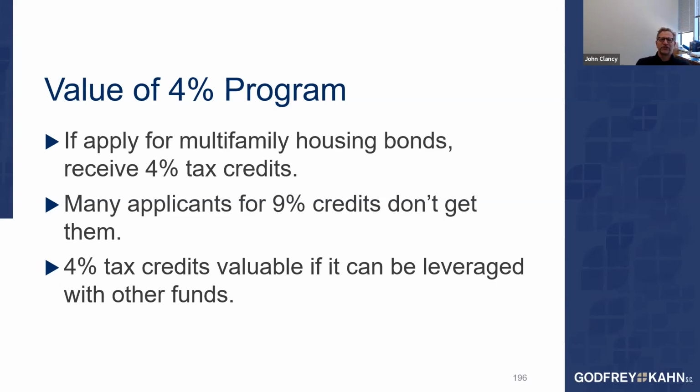And obviously a lot of folks that apply for the 9% credits don't get them because it's a very competitive process. So the 4% tax credits, because they're easier to get, can be valuable for a project if, again, you have other funds to leverage against them. So the question is, do you have other funds to leverage against them, basically, to fully pay for the project? Next slide, please, Mark.